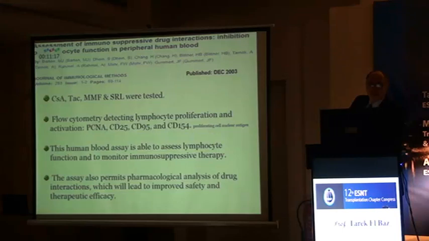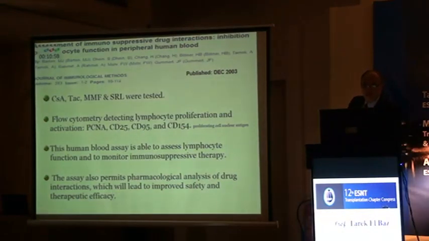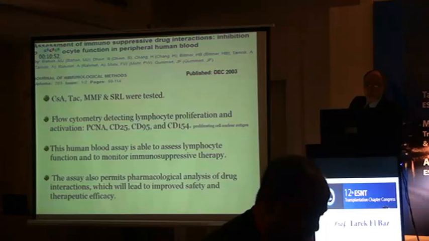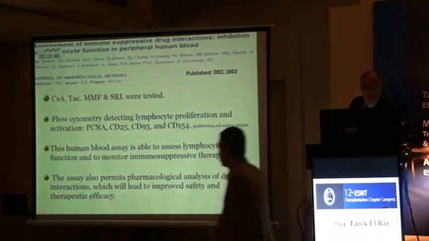Now, there are other methods such as the assessment of the immunosuppressive drug interactions, and in this particular research, cyclosporin, tacrolimus, MMF, and sirolimus were tested by flow cytometry, detecting the lymphocyte proliferation signs, and these are the proliferating cell nuclear antigen, the BCMA, and the cluster of differentiation 25, 95 and 154.